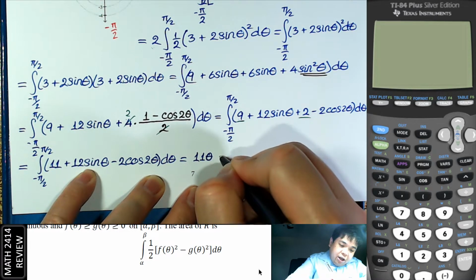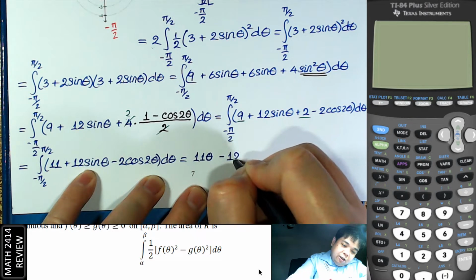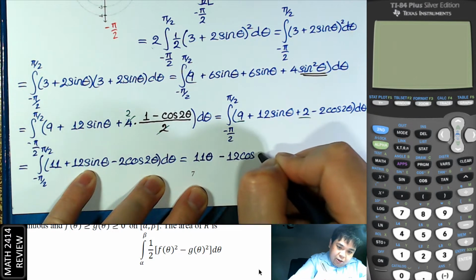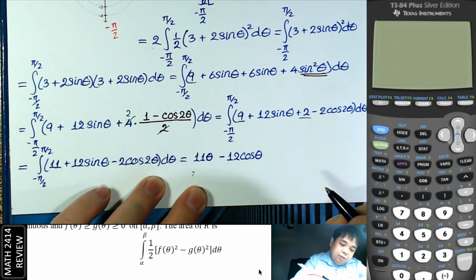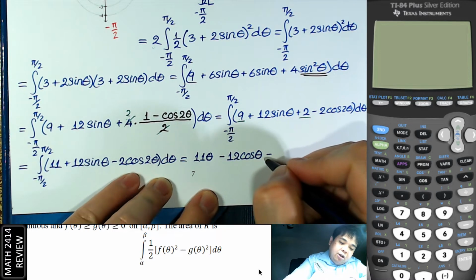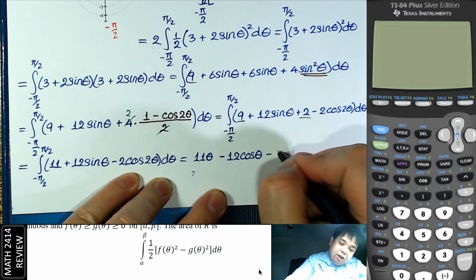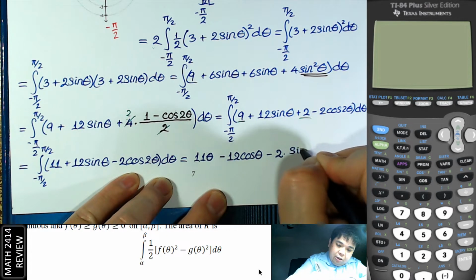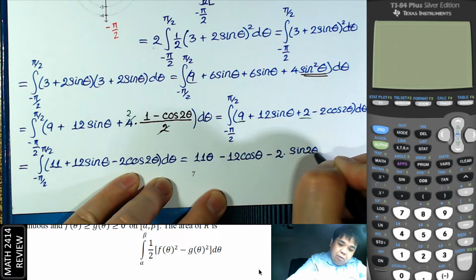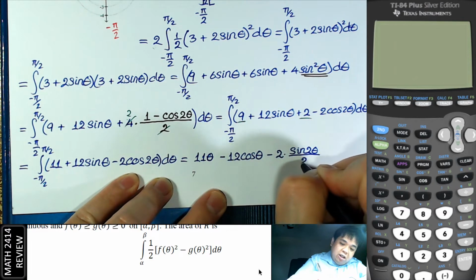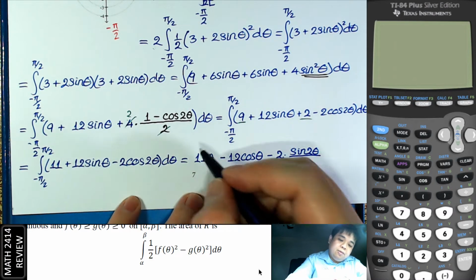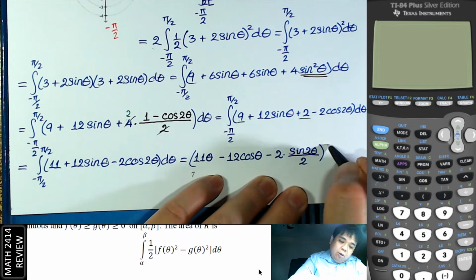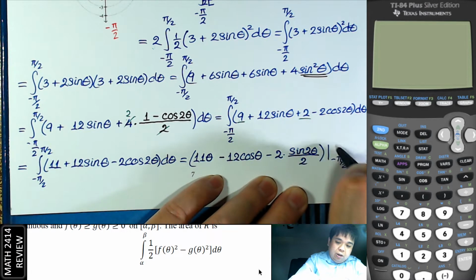Integral of sine is negative cosine. And integral of cosine is sine, but then we have to divide by 2 because of the 2 theta. Going from negative pi over 2 to pi over 2.